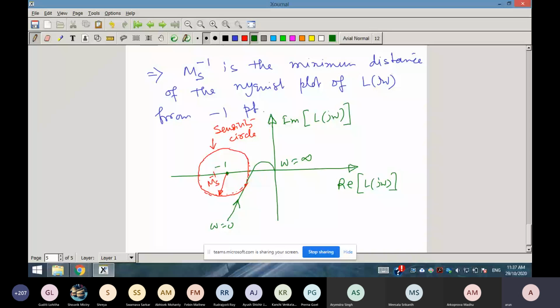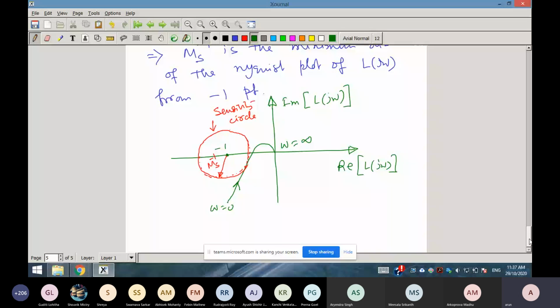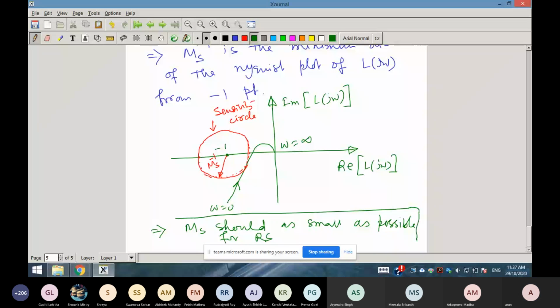So this implies Ms inverse should be as large as possible, that means Ms should be as small as possible for robust stability. This is a very important piece of information as far as loop robustness is concerned.